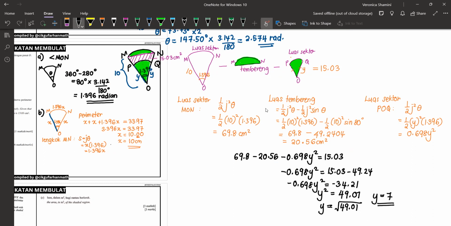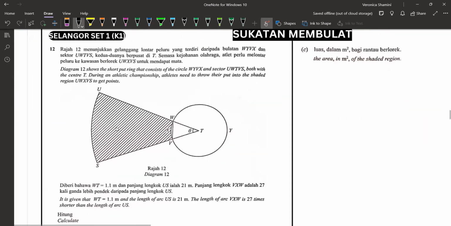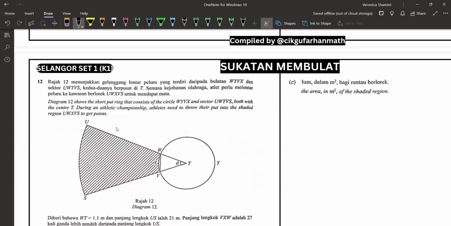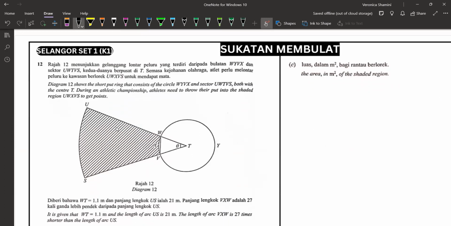Okay. Alright, next one. Okay, let's go to Selangor set 1. Okay, diagram 12 shows the shot put ring that consists of the circle BW, WY, BX. Alright.